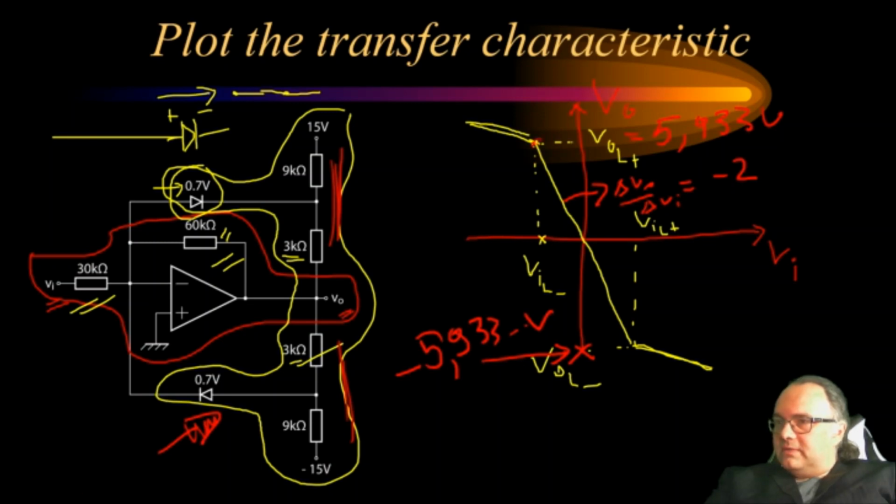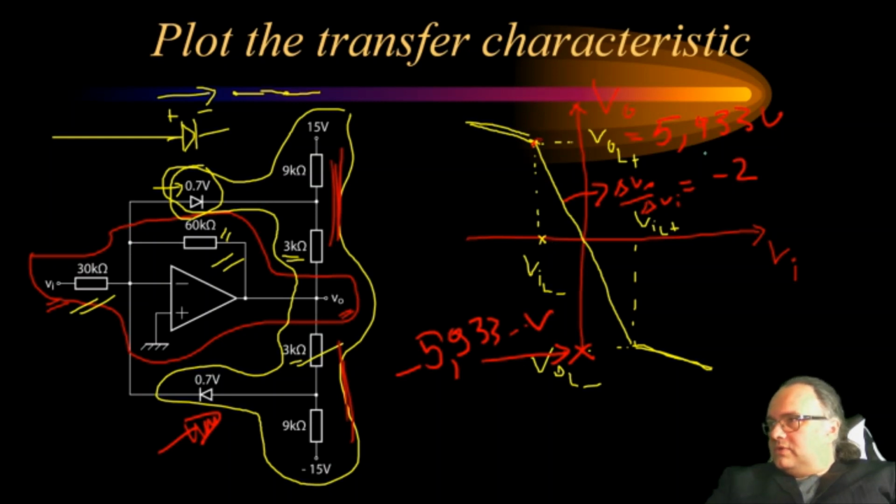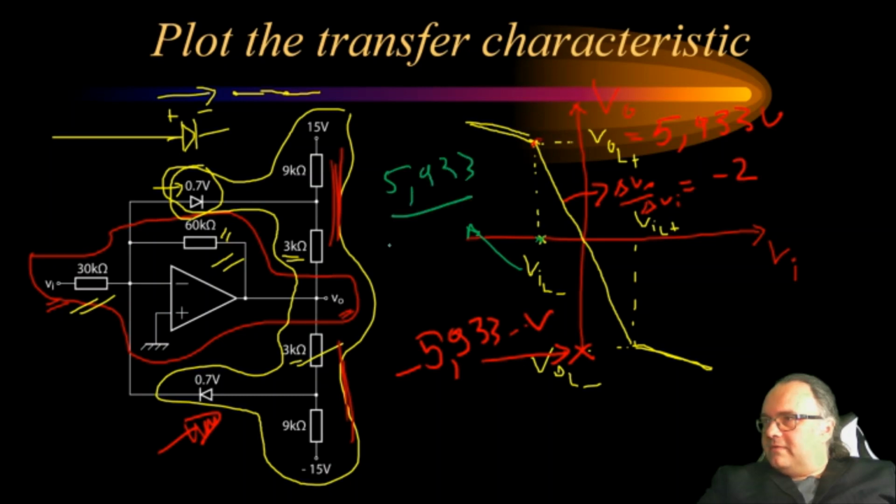So let me change the color. This here will be 5.933 divided by 2. So this will be 5.933 divided by minus 2.